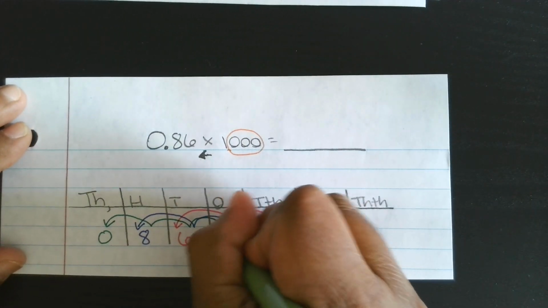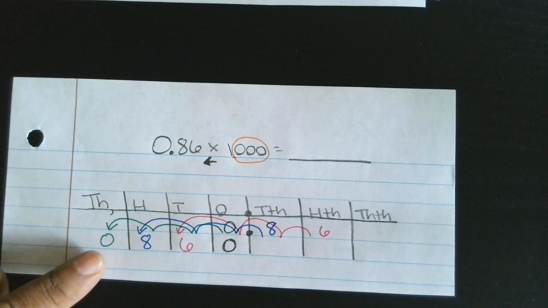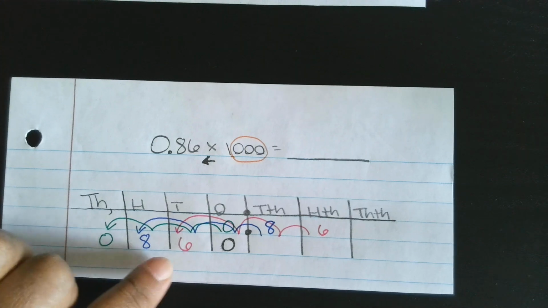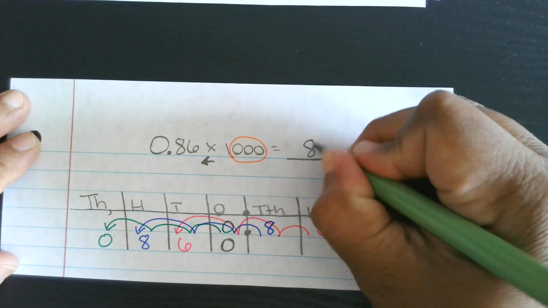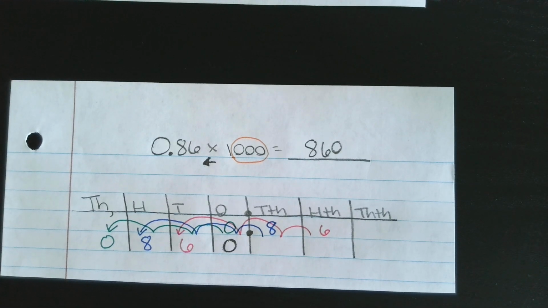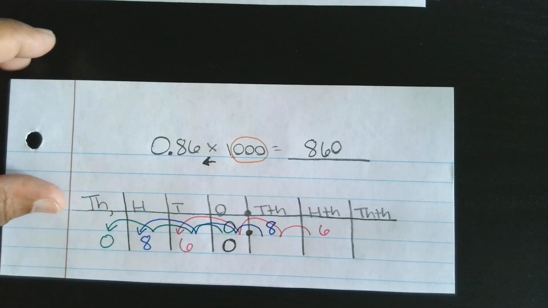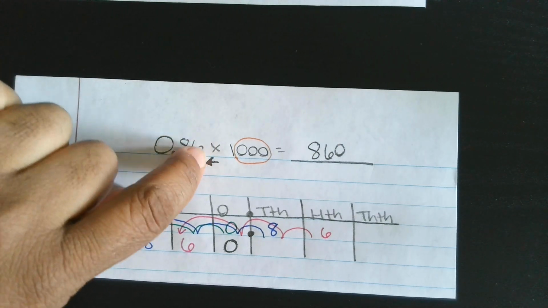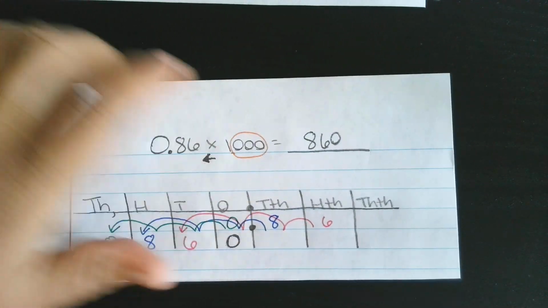So I can put a 0. So my product is 860. So 86 hundredths times 1000 gives you 860. So I multiply, I move to the left, count my zeros.